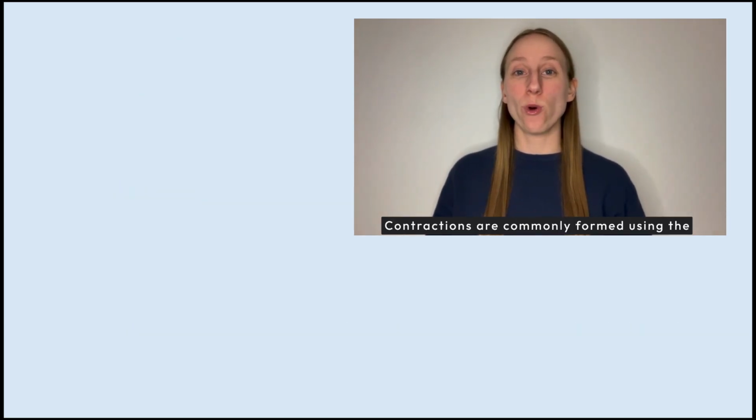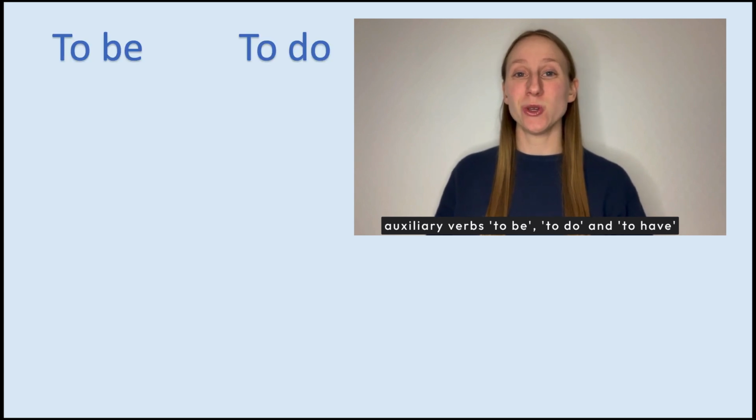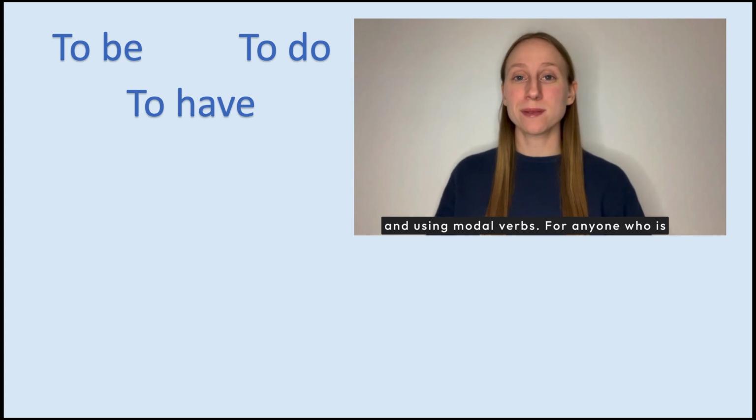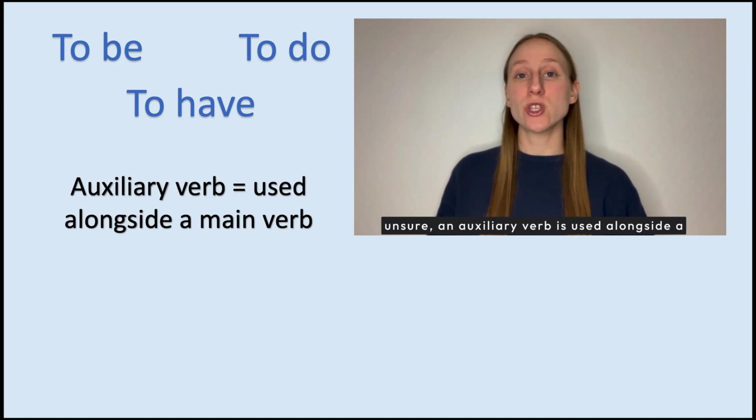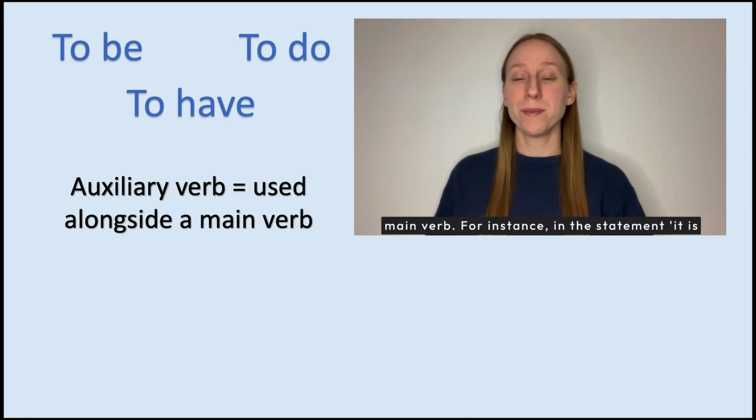Contractions are commonly formed using the auxiliary verbs to be, to do, and to have, and using modal verbs. For anyone who is unsure, an auxiliary verb is used alongside a main verb.